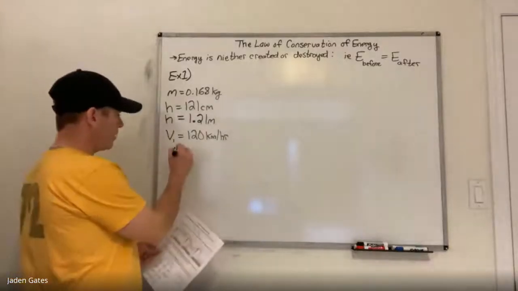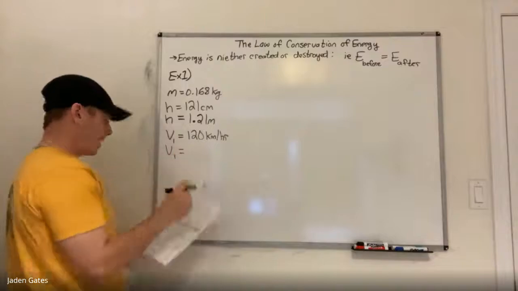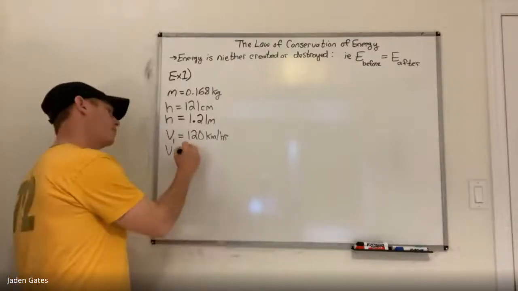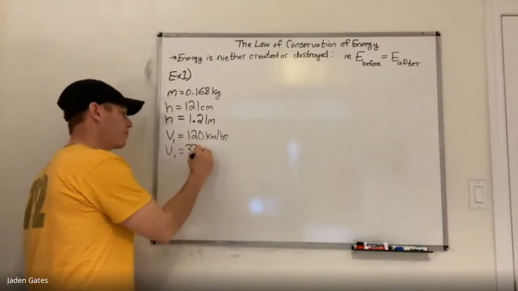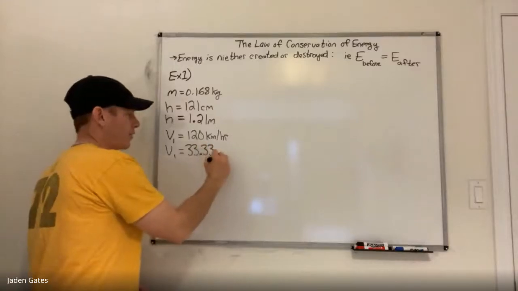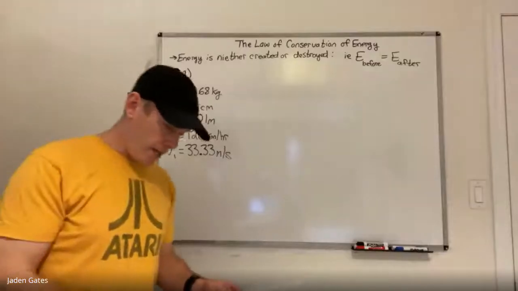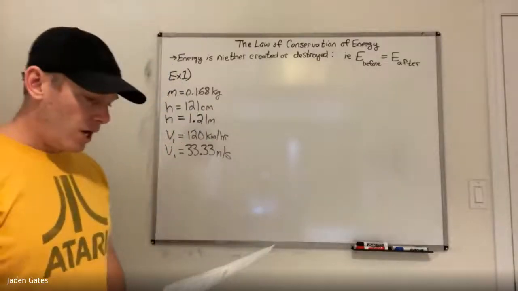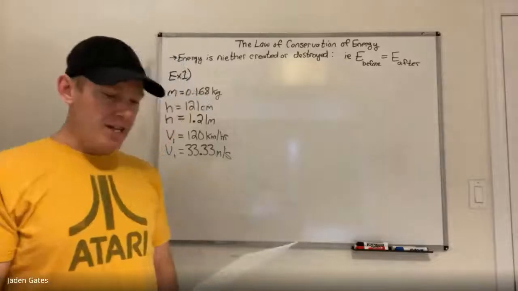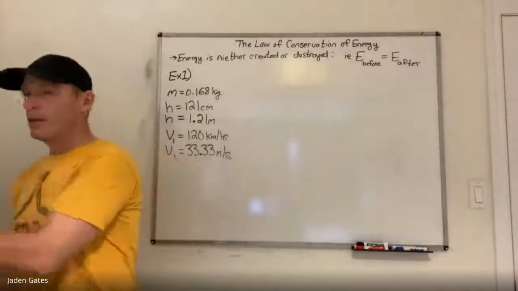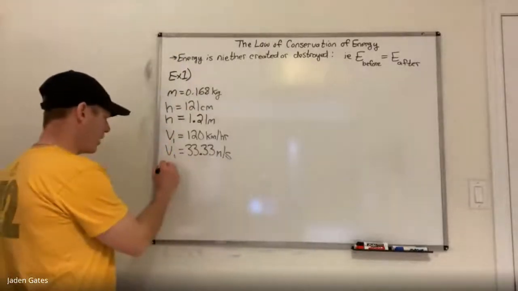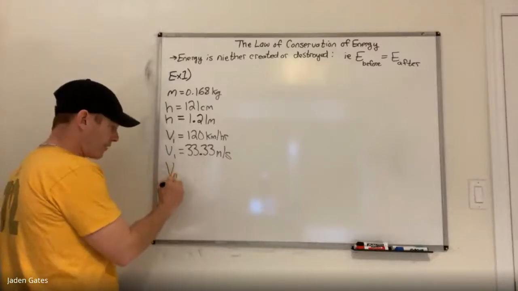So if I take 120 and divide it by 3.6, I get, to two decimal places, 33.33 meters per second. At what velocity does the puck enter the net? I'm going to call that my vf, the final velocity. We don't know that.